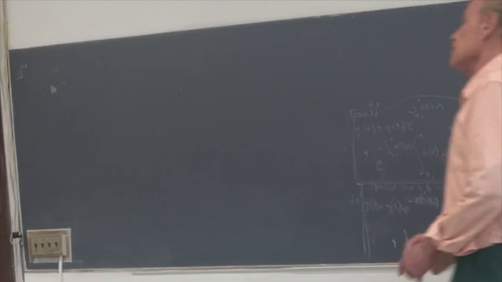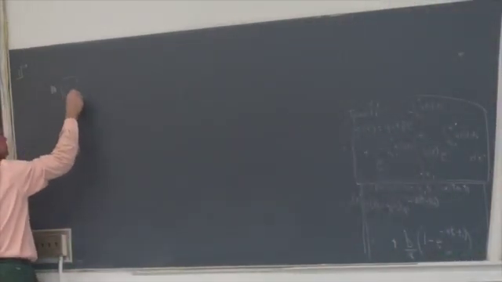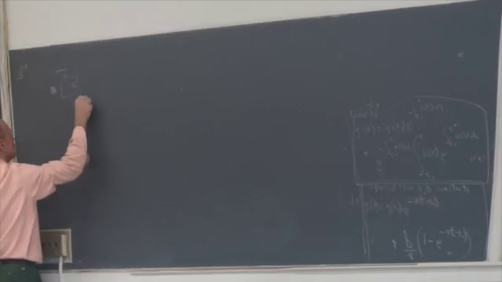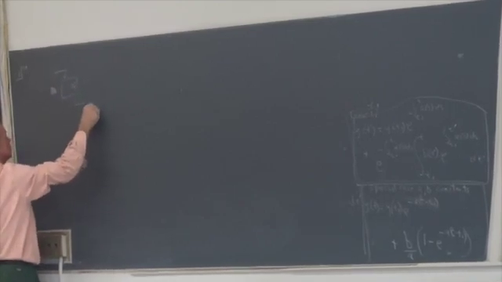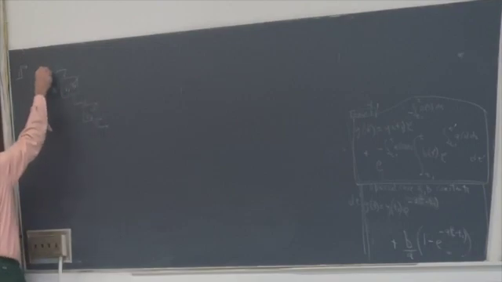Okay, so now let's look at the following case. Let's say I have two CSTRs in series. So I've got CSTR V1 and V2, and I've got a V and CA.